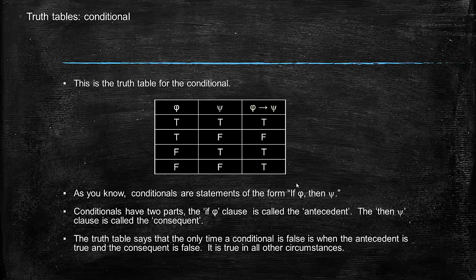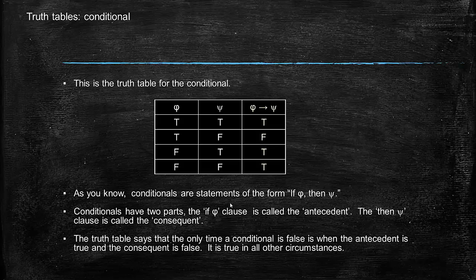So this is the truth table for the conditional, and what it tells us is that there's only one time when a conditional is false. So again, similar to and in this sense, but the time that it's false is a different time. It's when phi is true and psi is false.